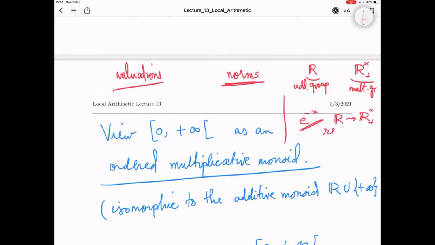Both of them are ordered groups. They are isomorphic as groups, but this map, the exponential map with a minus sign here, is an isomorphism which reverses the orders.